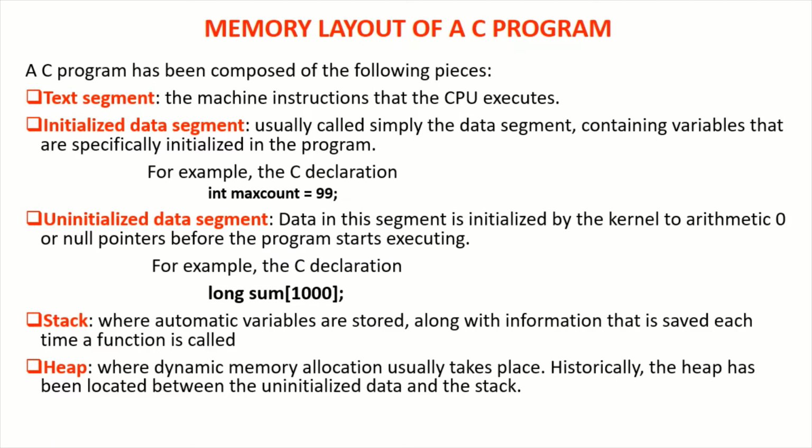Next we discuss the stack, where automatic variables are stored along with information that is saved each time a function is called. Each time a function is called, the return address and certain information about the caller's environment, such as some of the machine registers, are saved on the stack.